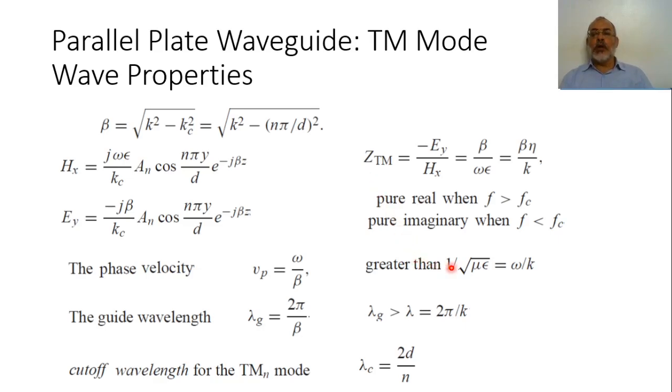On the other hand, 1 over square root mu epsilon, which corresponds to omega over k, is the phase velocity of light in the medium, while the phase velocity of the mode would be omega over beta.